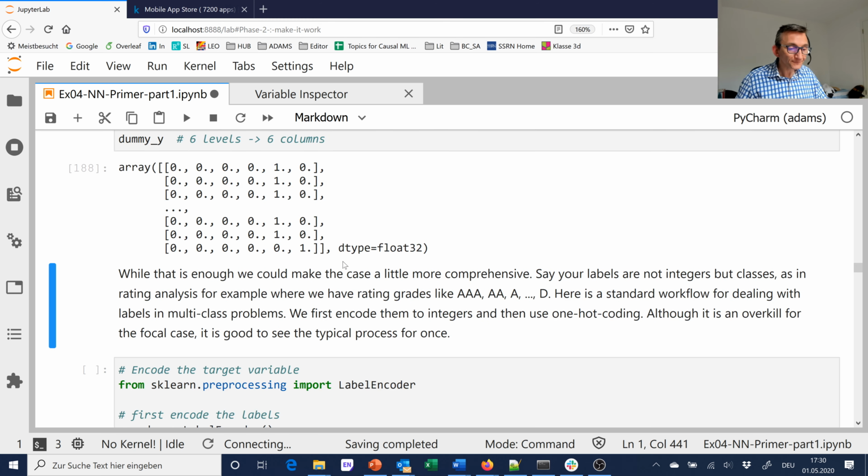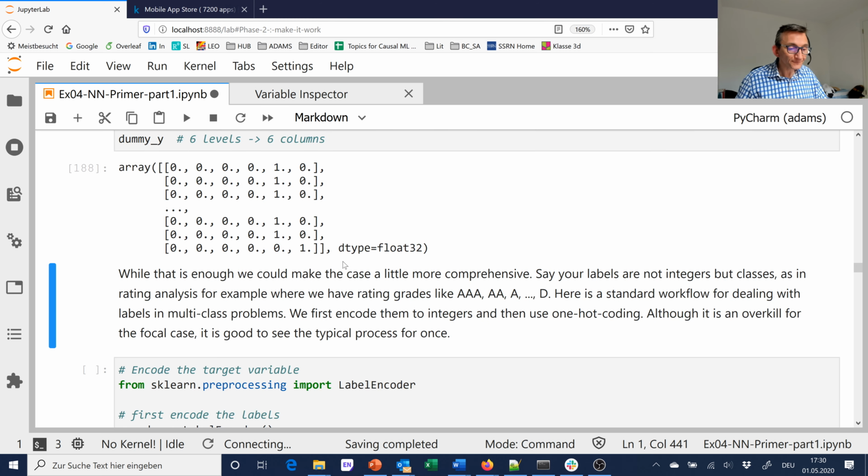I also put a little bit of code here. We are a bit lucky that our classes are just numbered. In a multi-class problem, classes are often labeled, so they carry text labels. My example is credit rating analysis, where, you know, rating agencies like Moody's or Fitch give corporate borrowers, big enterprises or sovereigns, rating grades that express their creditworthiness, where a grade of AAA would be the best grade, indicating the most trustworthy type of borrower.